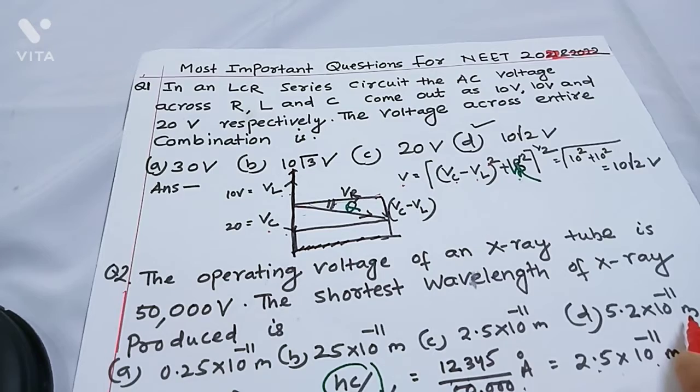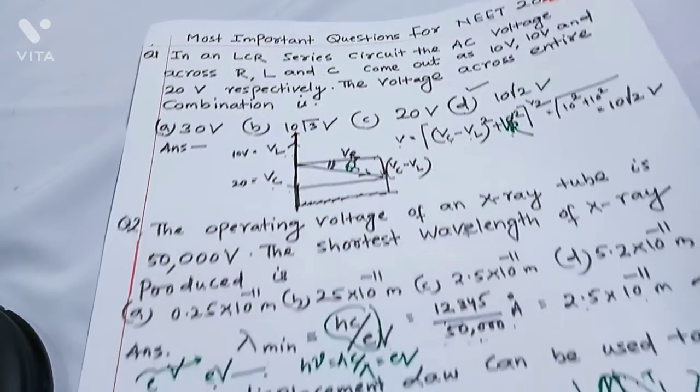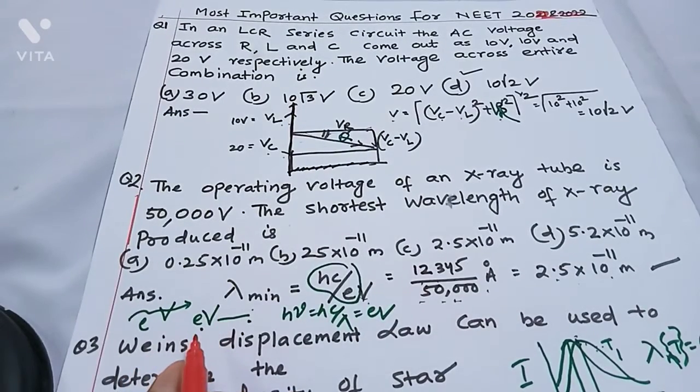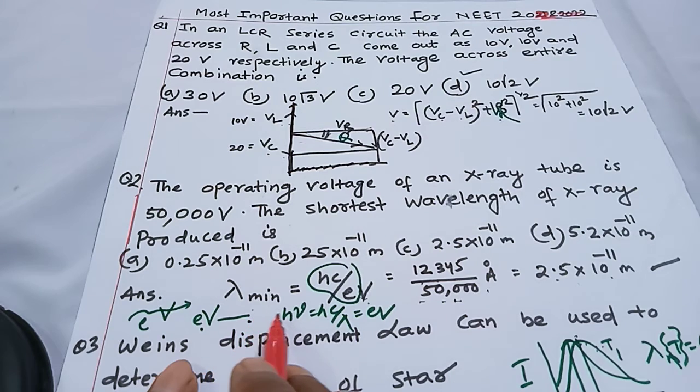Now the question is, when an electron is accelerated through a potential difference V, the amount of energy gained by it is equal to eV, and when this electron strikes or collides with a target, X-ray is emitted.